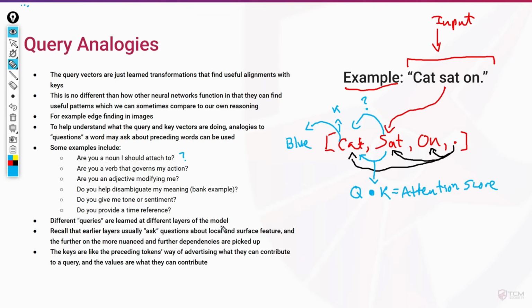And remember that we learned how earlier layers usually ask questions about local and surface features, like one in front, or that's what they care more about. And then further down in the layers and the further in the decoder blocks, more nuanced and further dependencies are picked up. And then those keys are like the preceding token's way of advertising what they can contribute to a query. So that's how much they should contribute to the query. And then the value is what they actually do contribute.